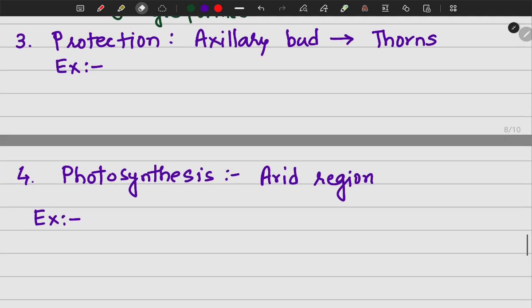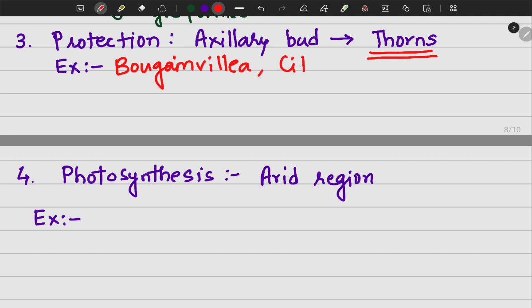For protection, here the axillary bud develops into a thorn. A thorn is a woody, straight and pointed structure. Examples in which this modification is found are bougainvillea and citrus plants.